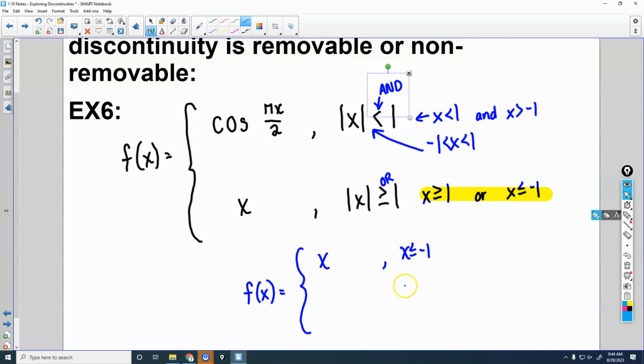Then in the middle, you would have negative 1 less than x less than 1, and that would be cosine of pi x over 2. And then the last part would be your x is greater than or equal to 1, and that's also an x.